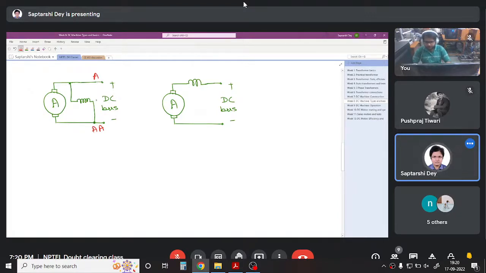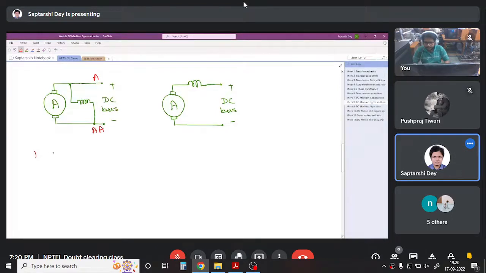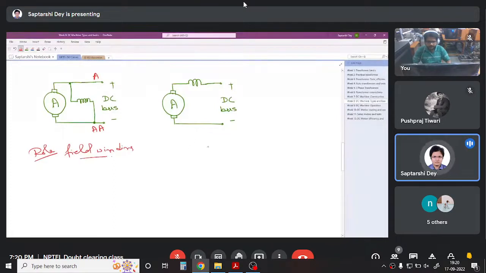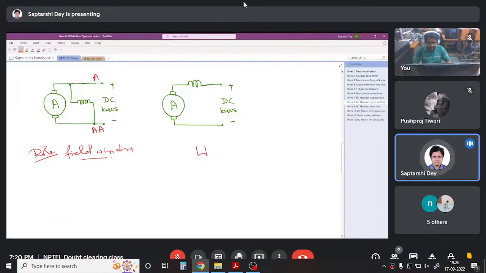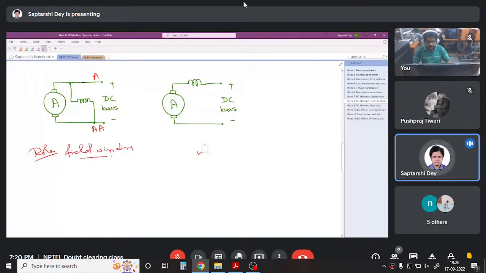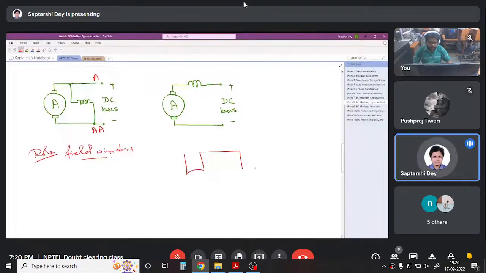Anyway, so see, what is the role of the field winding? The role of the field winding is to create the magnetic field in the whole structure of the DC machine. So if I draw a simple structure of DC machine, as we said in the last class, we will mostly try to work with the developed view of the machine.